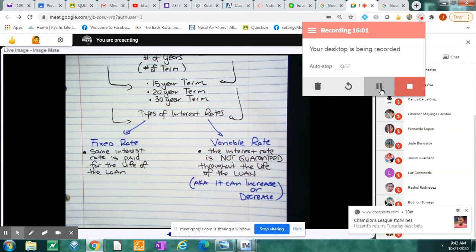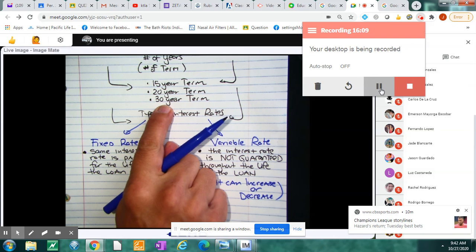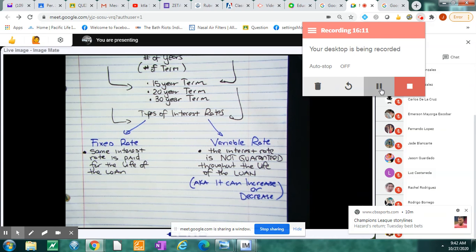So if you have a 3.5 interest rate, it's going to be the same throughout the whole life of the loan, which is 30 years, 20 years, 15 years. The variable rate could go up or down, so it's not guaranteed. It might go up, it might go down, depending on the market.